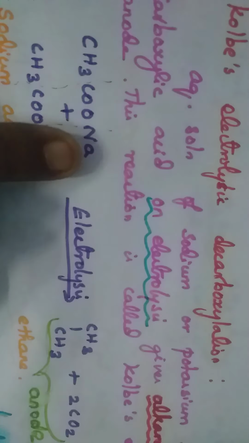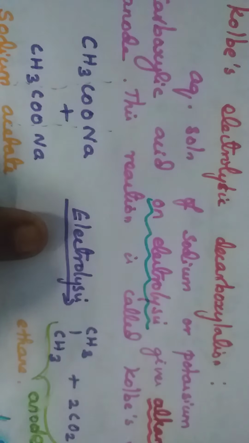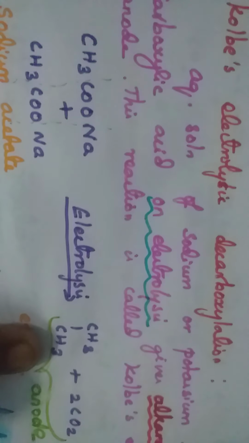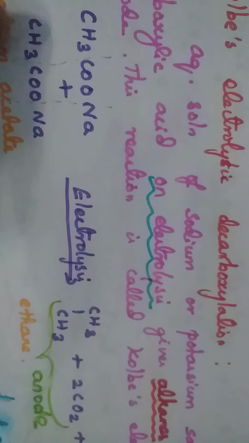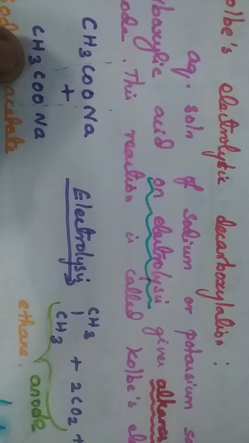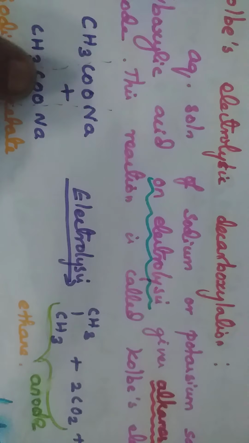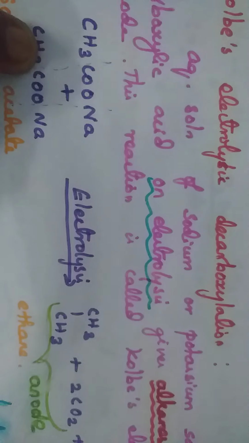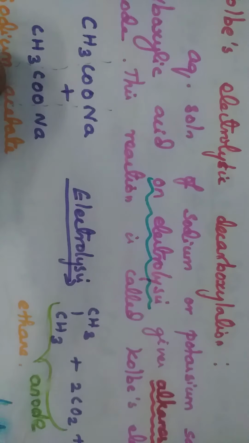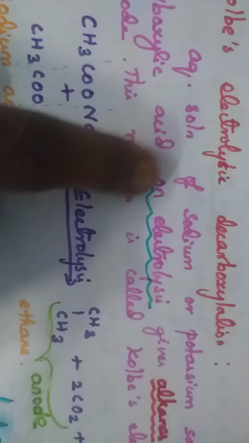Here also the same acetate, sodium acetate, on electrolysis. How does this reaction take place? The bond breaks between the CH3 and CO. So this bond comes and forms here, this bond goes out and we get ethane. This is the removal of 2CO2 and the formation of 2Na.